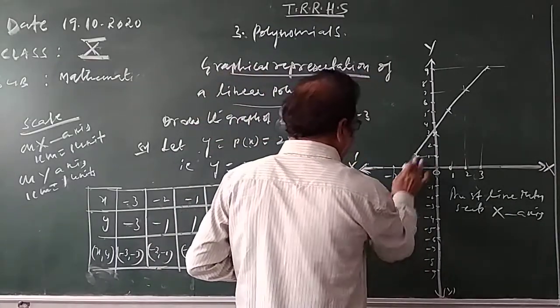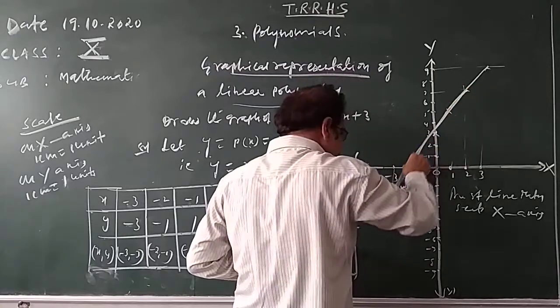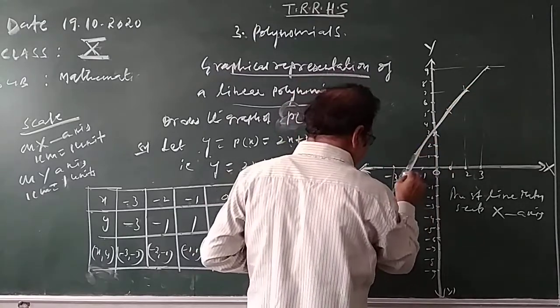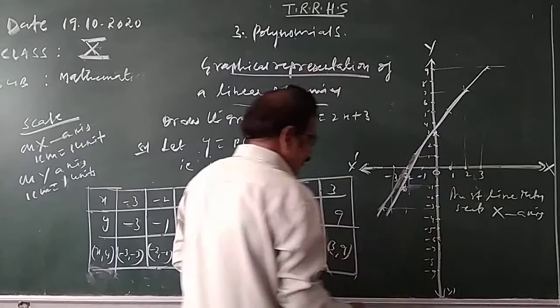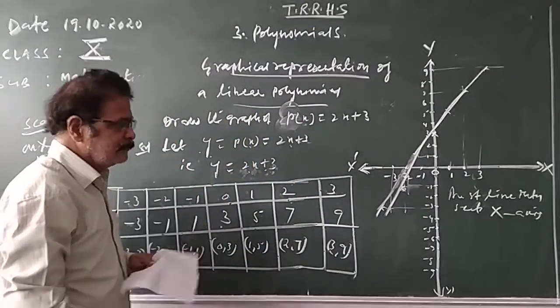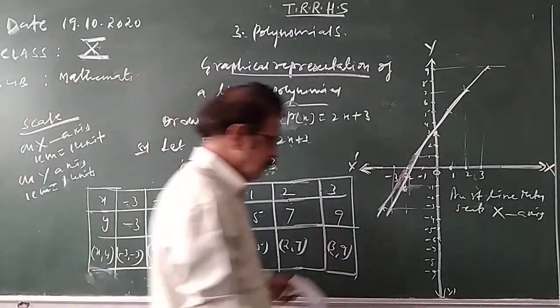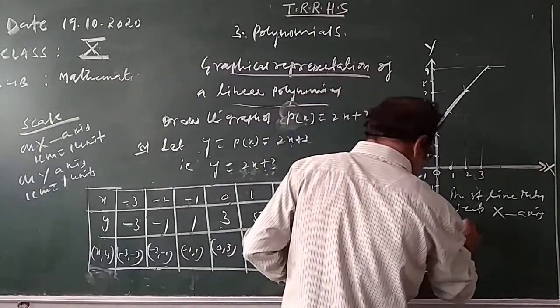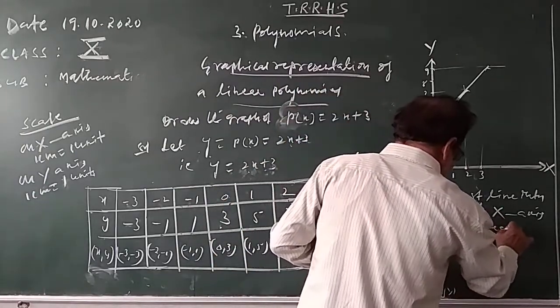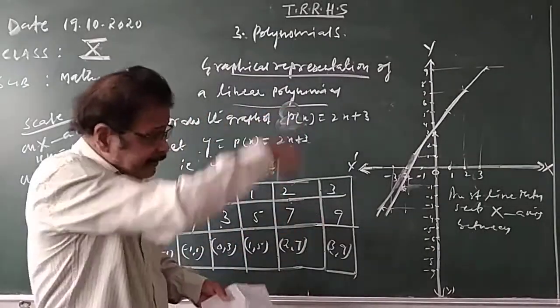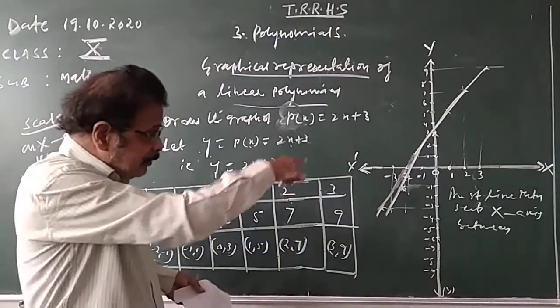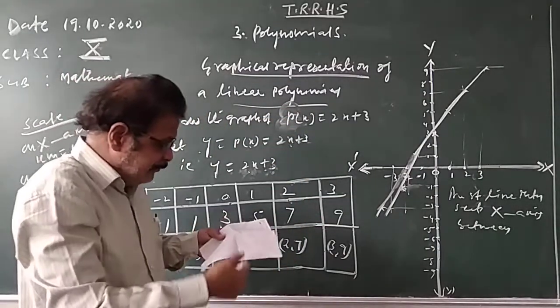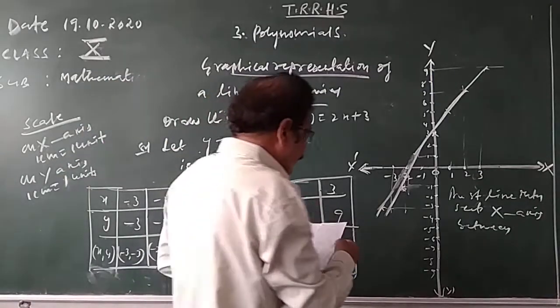If you join them like this, you will get the line intersecting the x-axis between minus 1 and minus 2.